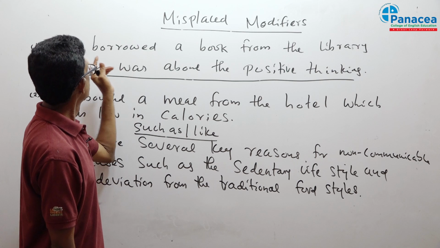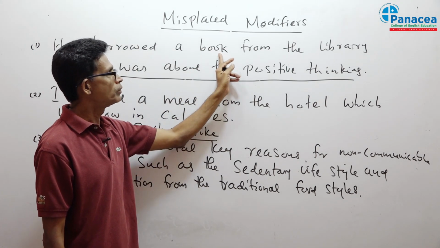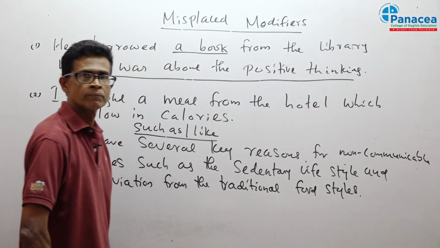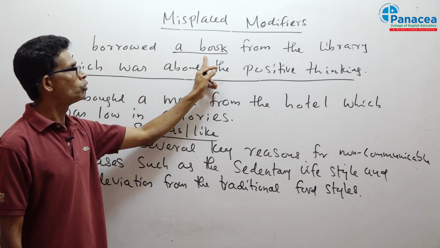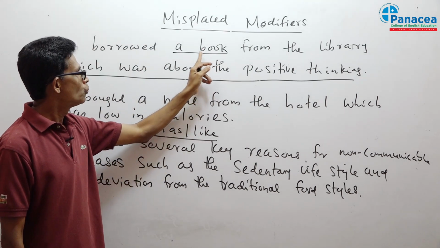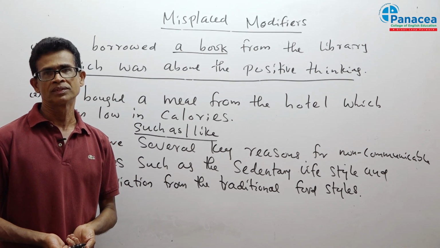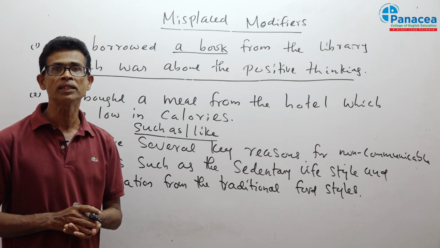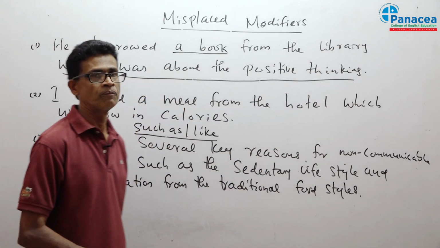So I borrowed a book. This is a subject, verb, object. So we have to describe the object. We have to tell something about the object, not about the library.